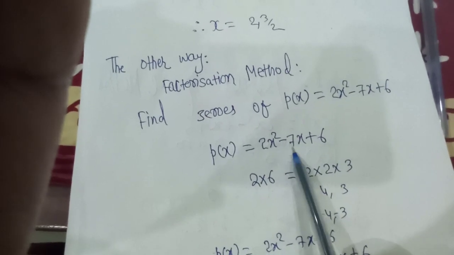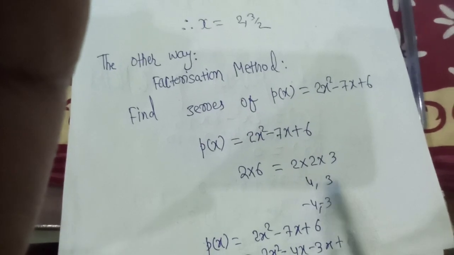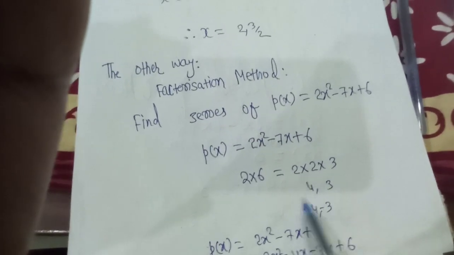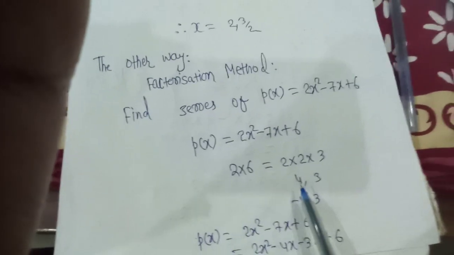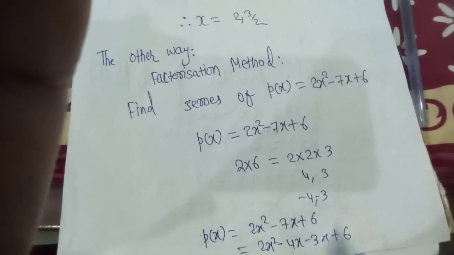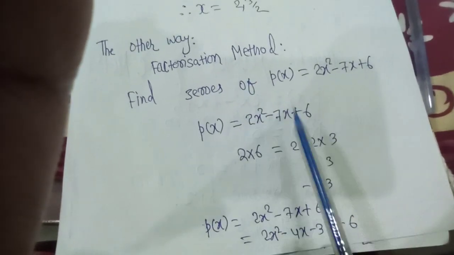Here the coefficient of the middle term is -7. So we found this pair 4 and 3, which makes 7. Precisely it is -4 and -3. So if we take the combination of -4 and -3, we get -7.